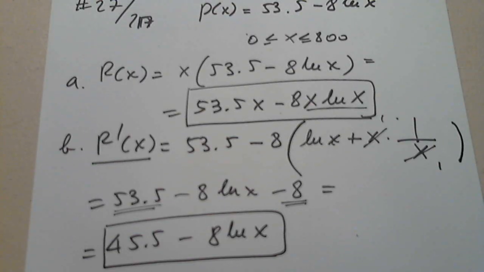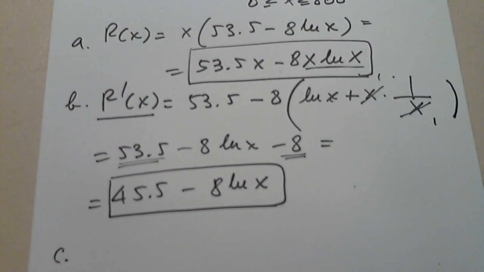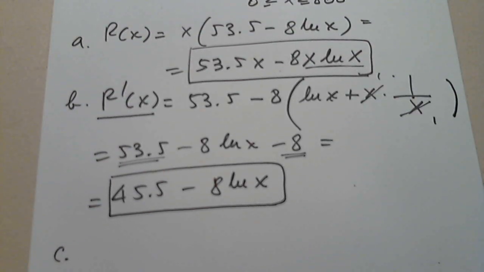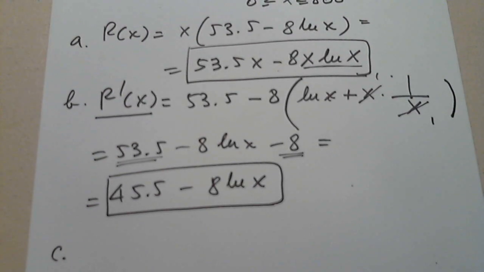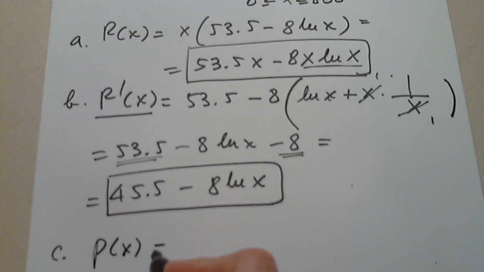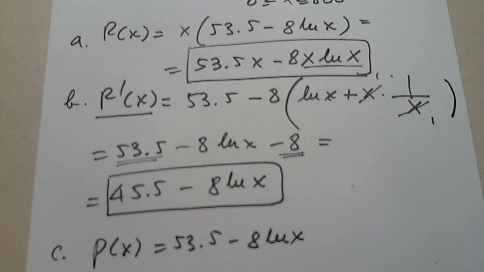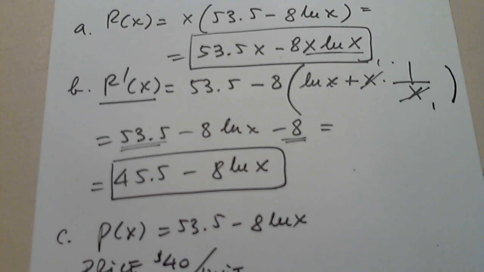So how do I address part C? If the price is $40, how many units are we going to sell? I will copy P of X here so you can see it. So how do we address this?